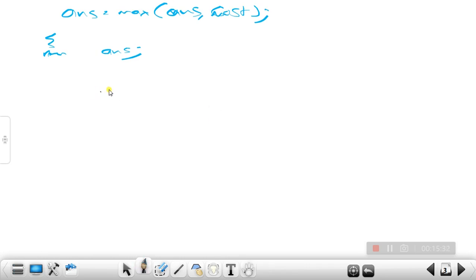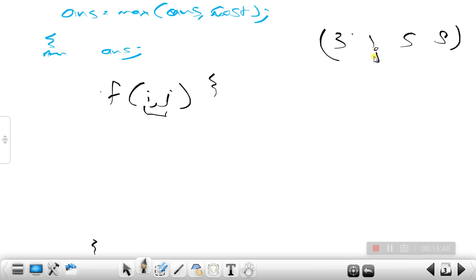I have a function which is f of I and j, there's no doubt. For this function, one thing is simple, which is the base case. If I have an array like 3 1 5 8, and my I is at this point and j is at this point, can I start a loop from I to j?